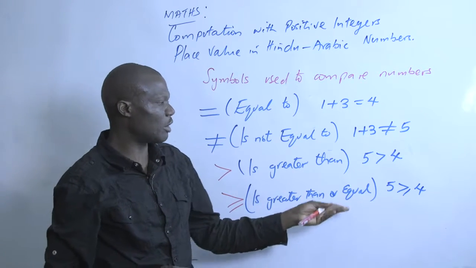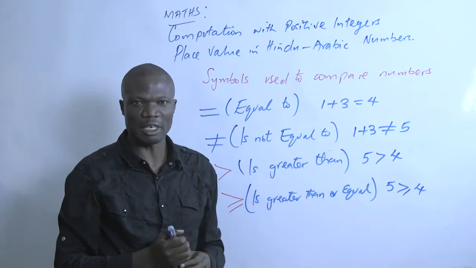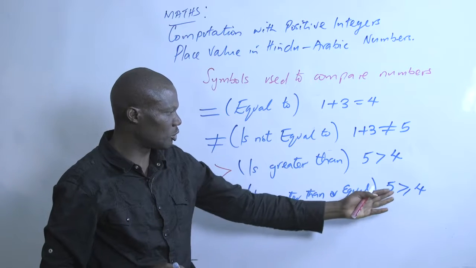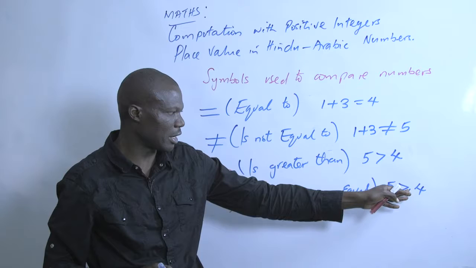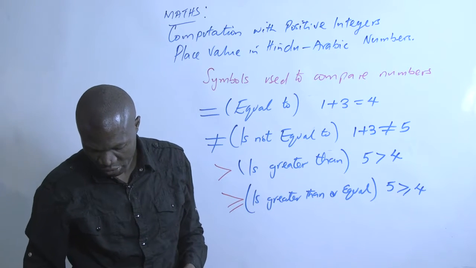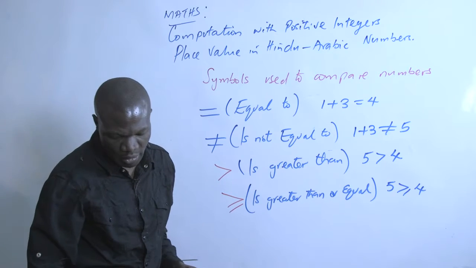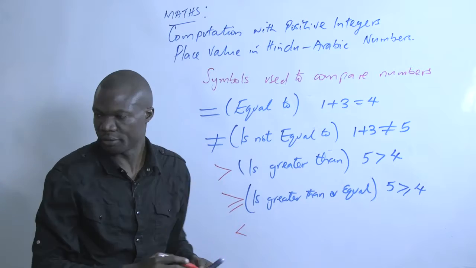We know very well 5 is not equal to 4, but it is greater than 4. But it can also be used to bring the relationship where 5 is always either greater than 4 or equal to 4.